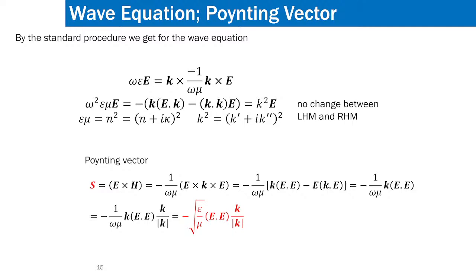So use that here. This gives us S is equal to minus 1 by omega mu into E cross k cross E, which is a vector triple product.